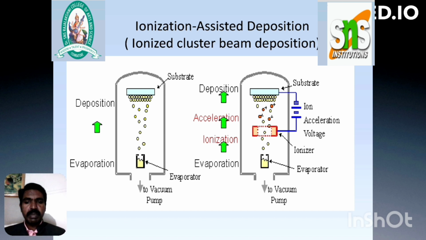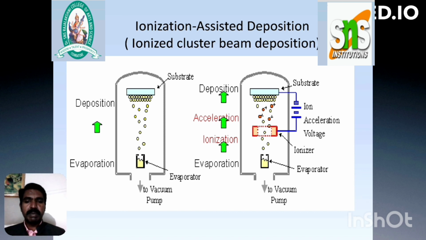After the completion of ionization, for example if it is copper sulfide or copper oxide, there are chances for positive and negative ions. These ions are going to be involved in a chemical reaction, for example copper sulfide or copper oxide. So the chemically bonded ions are going to deposit on the substrate.